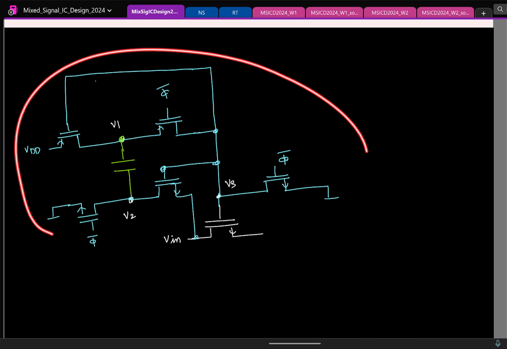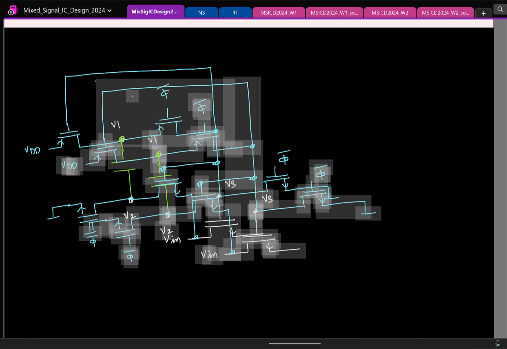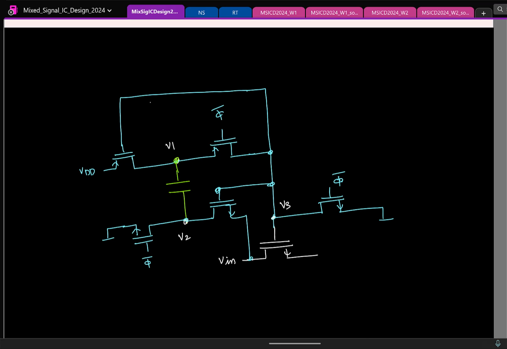The remaining colorful things are all supporting artists to make sure the entire thing functions. And like I say, anytime you come up with something new, what is the first thing you should do? You should give it a name. Some of you know. Okay, so if you had come up with this, you could have given your name, but unfortunately no. So this is called the gate bootstrapped switch.